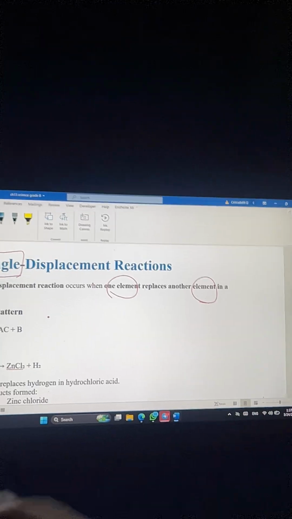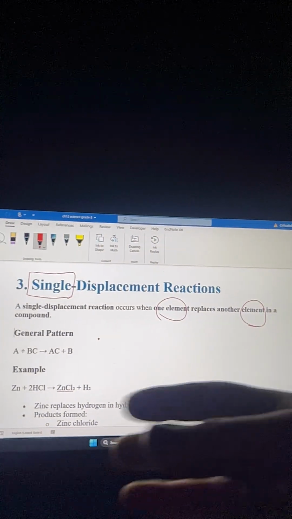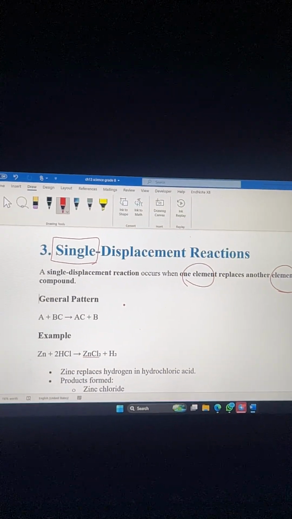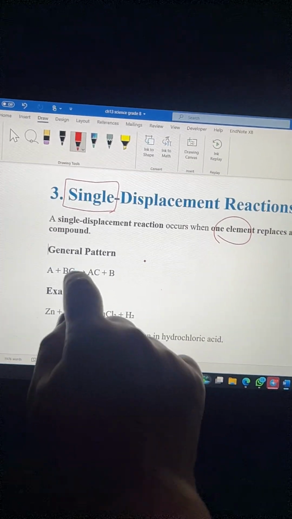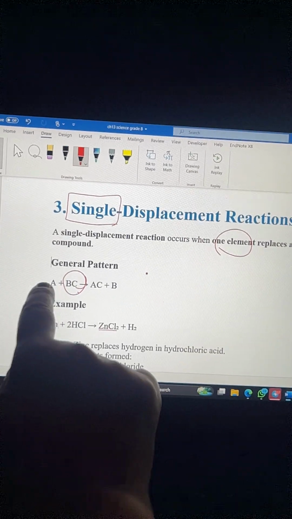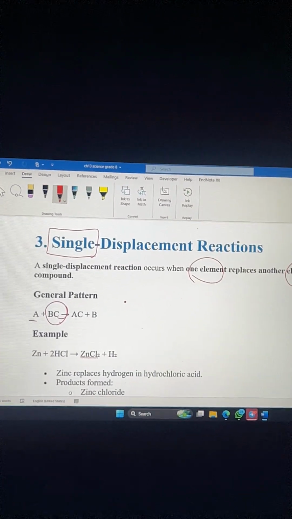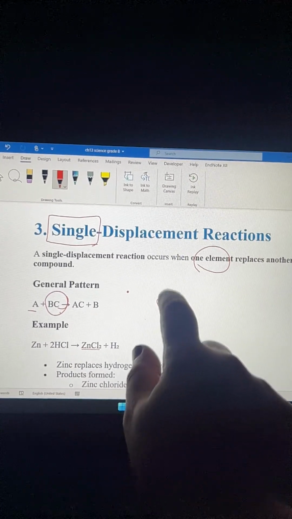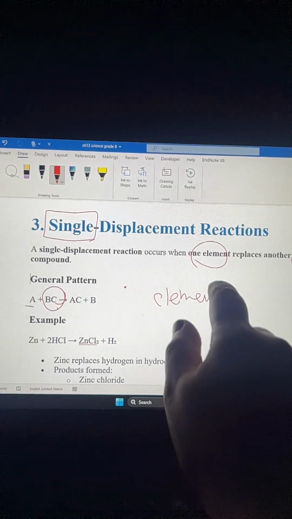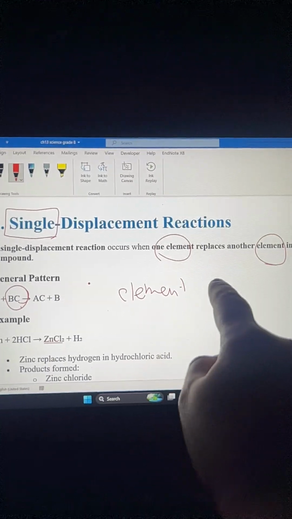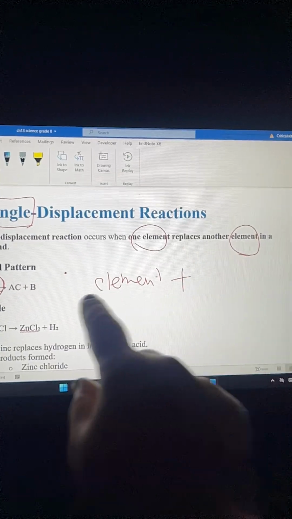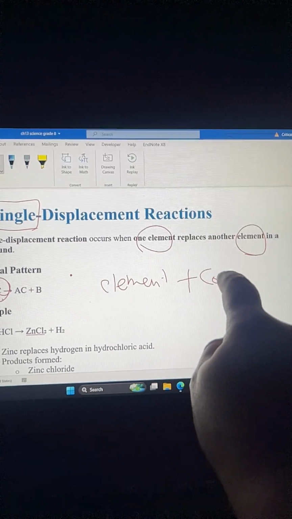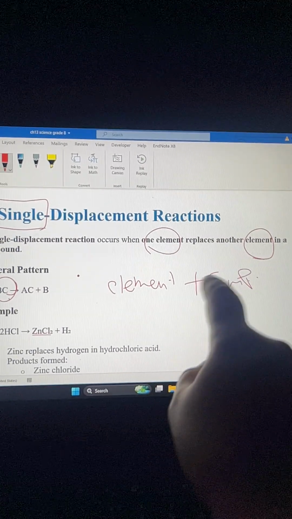For example, the general pattern of the single replacement reaction is like that. We have one element plus a compound. Do you know what a compound means?